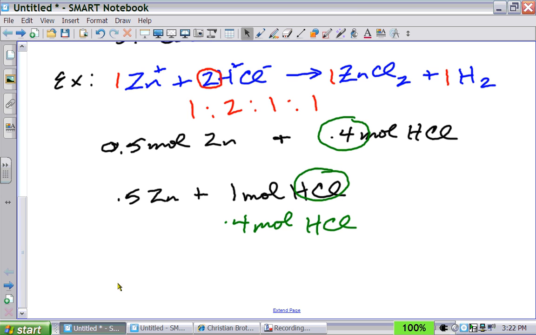That would determine how much zinc we would use, and of course how much product we would end up with.